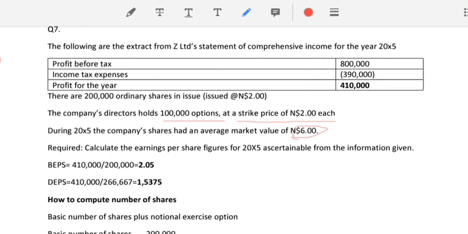The basic earnings will be the profit after tax of 410 divided by the 200 ordinary shares we are having. Then we will get 2.05. That's the basic earnings per share. Let's move on to the diluted earnings per share.